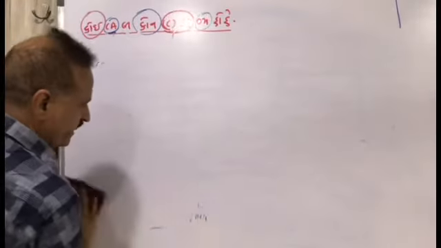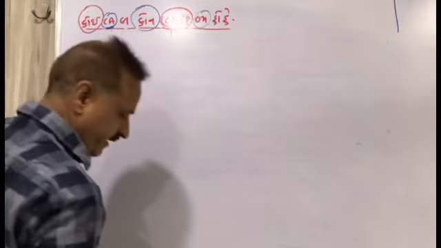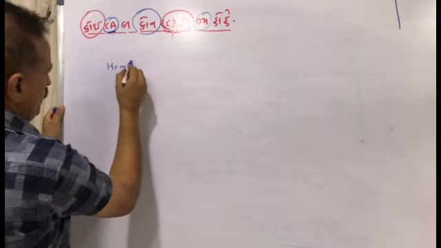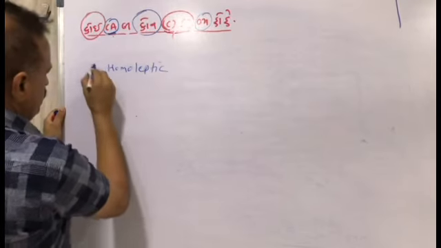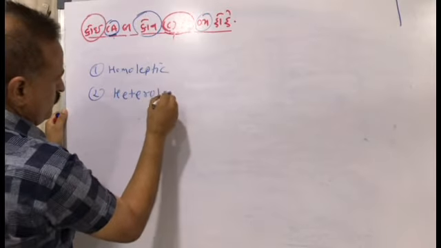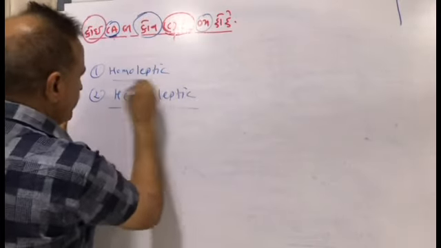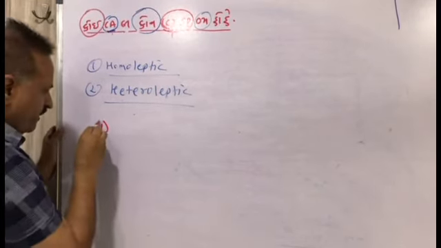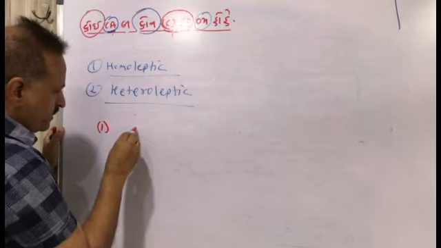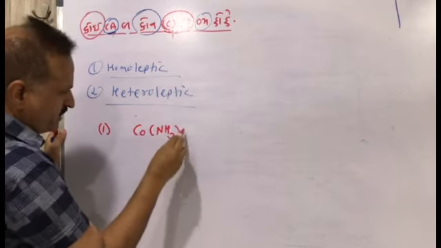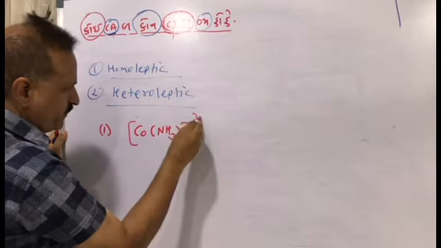Last topic of the day, homoleptic and heteroleptic. You can easily understand by a simple example. First example I am writing over here. Here is Co(NH3)6 3 plus.